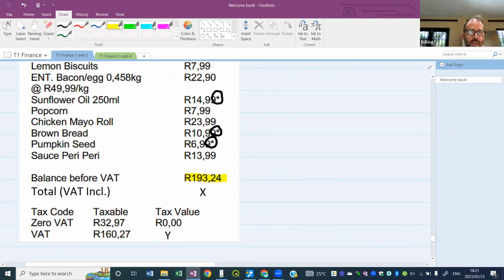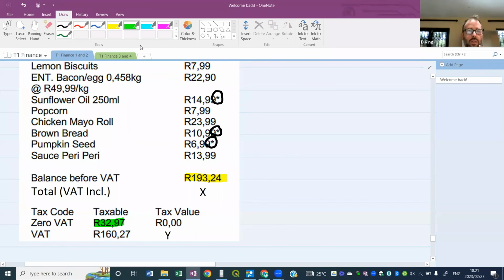Then on the bottom left here, they've split the 193 Rand into zero VAT rated. This is the amount that you're not going to get charged VAT on, which is the sunflower oil, the brown bread, and the pumpkin seeds. Those together come to 32 Rand 97.